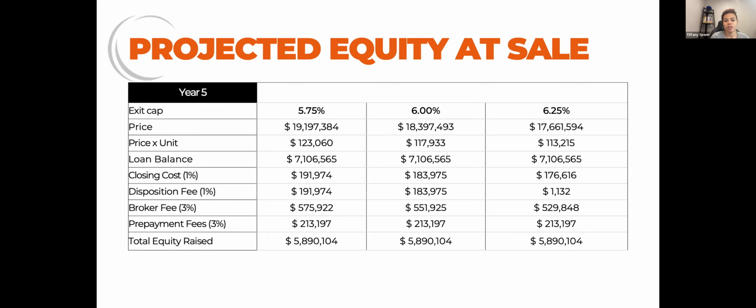And here you'll notice that the projected equity at sale is actually 3 different sell prices, and that would be based upon the exit cap rate. And then you'll notice just the differences in terms of sales price and essentially how much you'll get paid at the end. The goal would be to sell at a lower cap rate so that we can get the max value.